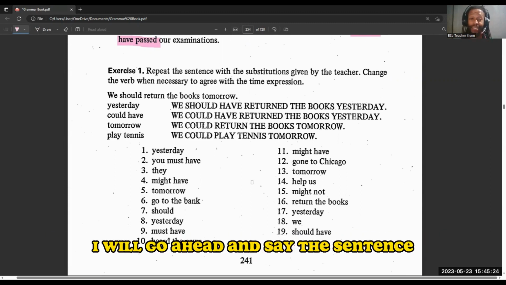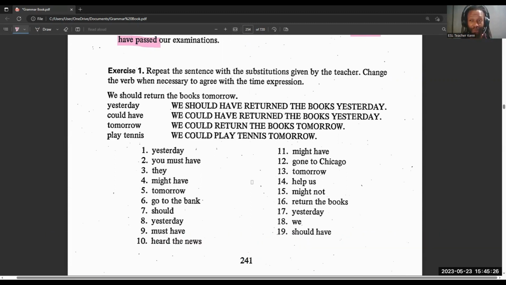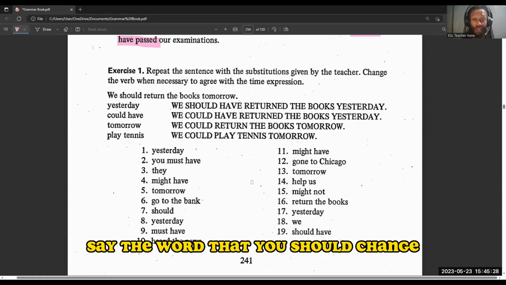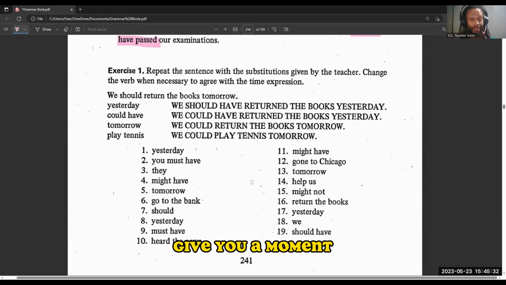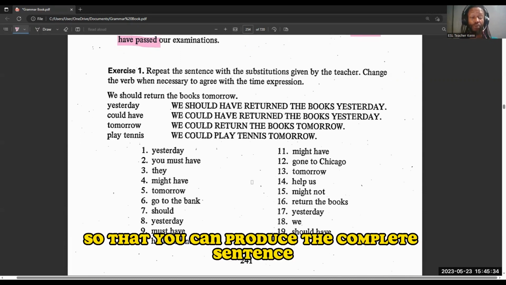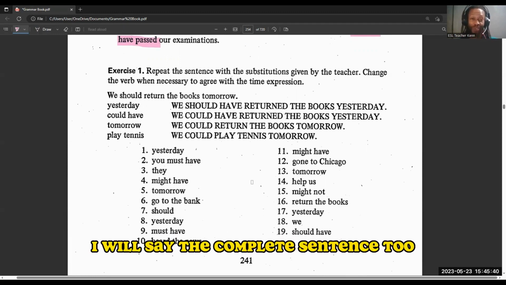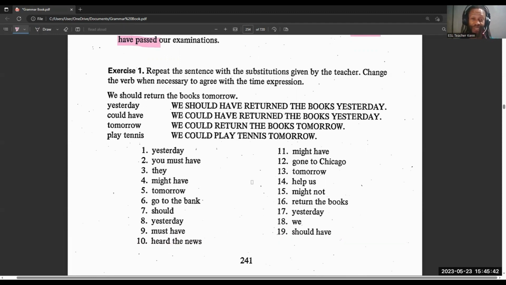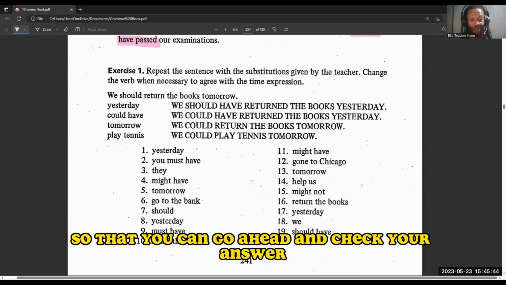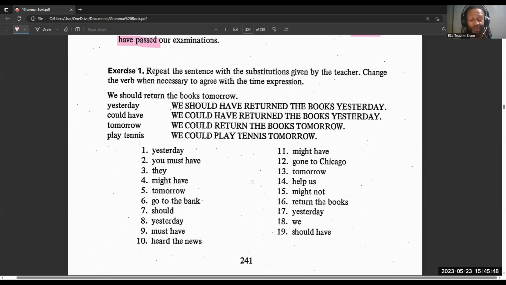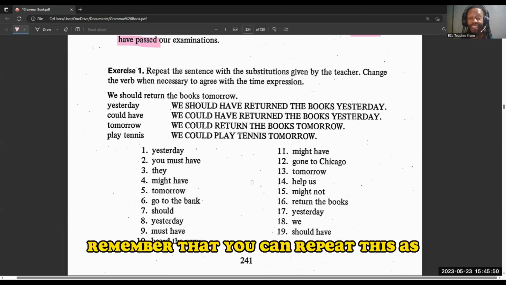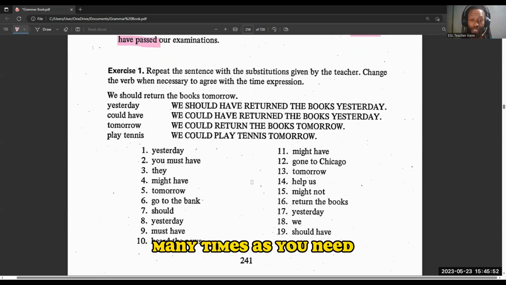I will go ahead and say the sentence, say the word that you should change, give you a moment so that you can produce the complete sentence, and after that, I will say the complete sentence too, so that you can go ahead and check your answer and make any corrections. Remember that you can repeat this as many times as you need.